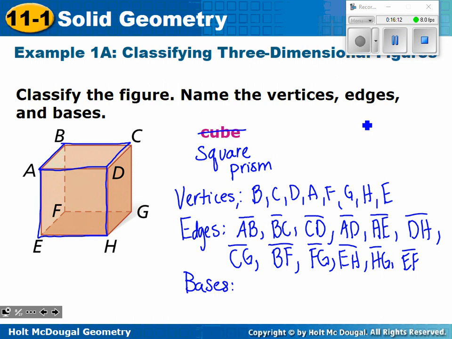Circles. So you'll name the circle, whatever this circle is and whatever this circle is. For this one, what are our two bases if we call it a square prism? ABCD and EFGH. So it's just saying name the two bases.